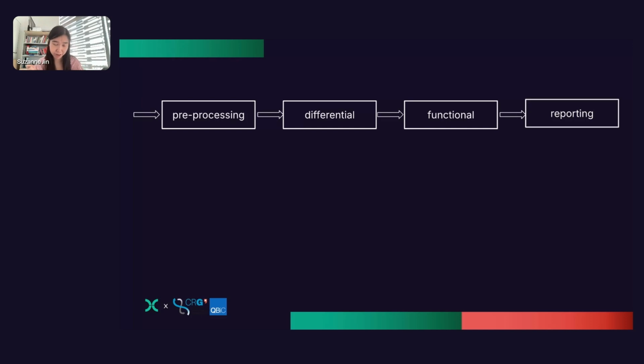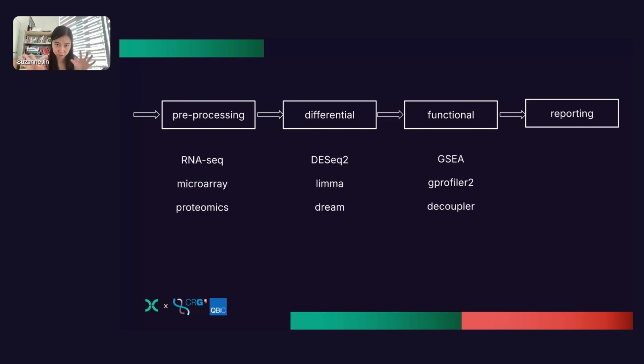From here, I want to highlight 3 key features. First, the pipeline does not only provide alternative tools for the key analysis, but it can also take in different kinds of omics datasets, such as RNA-seq, microarray, and proteomics.